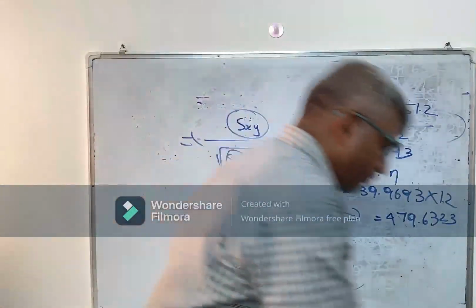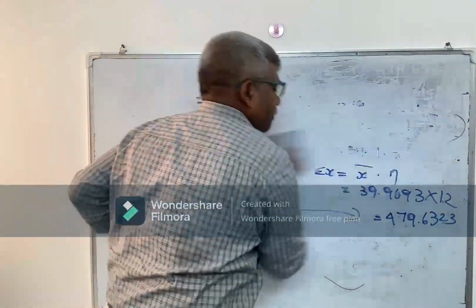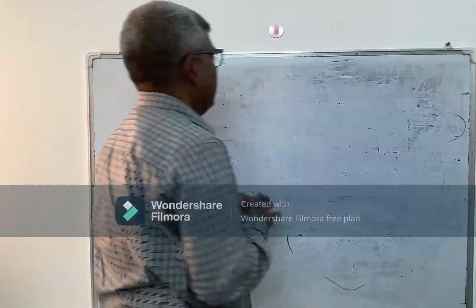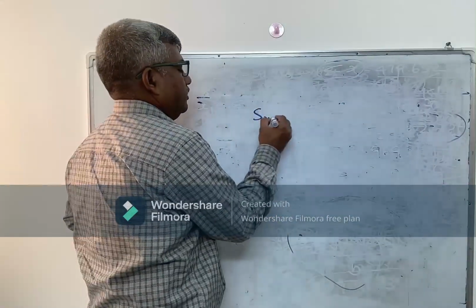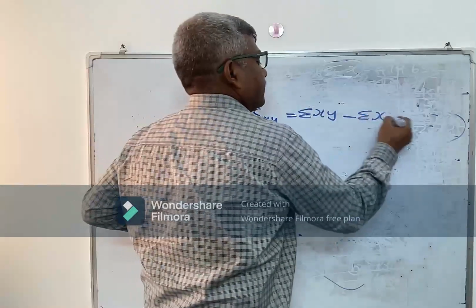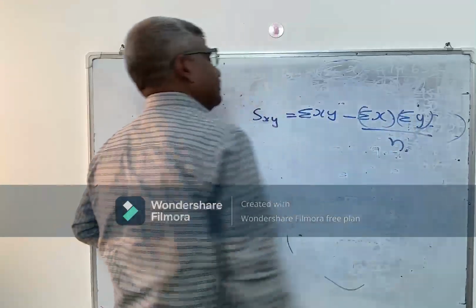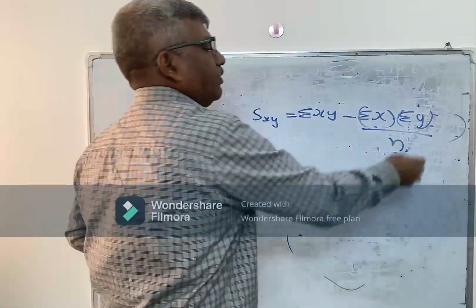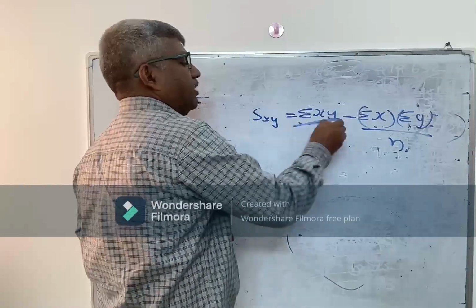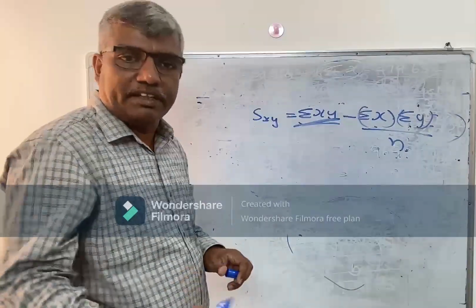Sigma xy minus sigma x times sigma y over n. Sigma x we calculated, sigma y they have given, n is given, but sigma xy they have not given anywhere. So how to find out?